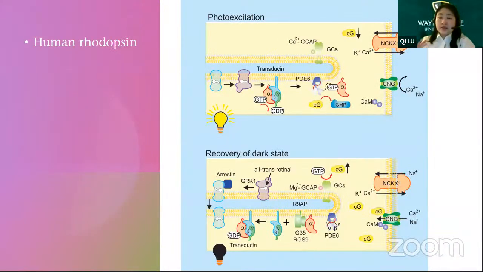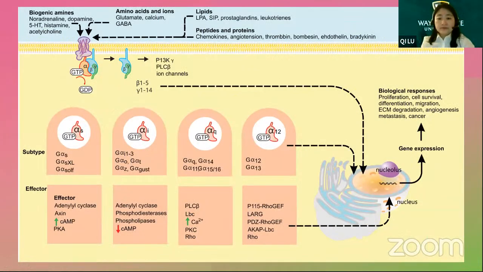Channelrhodopsin is a channel, so when it catches the light, for channelrhodopsin 2, CHR2, it can cause cations to flux into the cell and depolarize the cell. But human rhodopsin is a G protein coupled receptor, and after activation, it will activate a downstream G protein. It's shown like this. That's human rhodopsin.